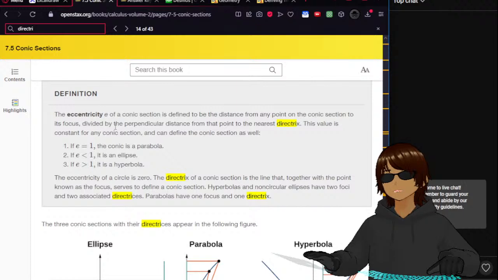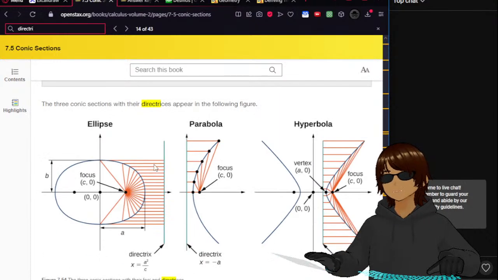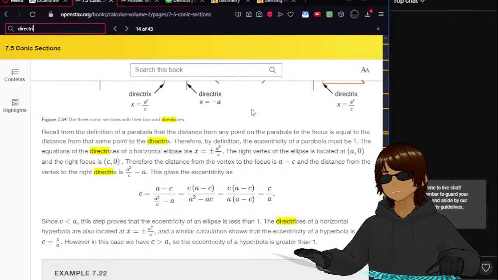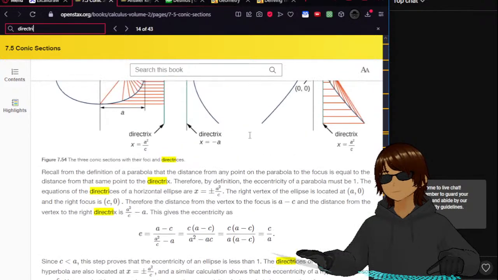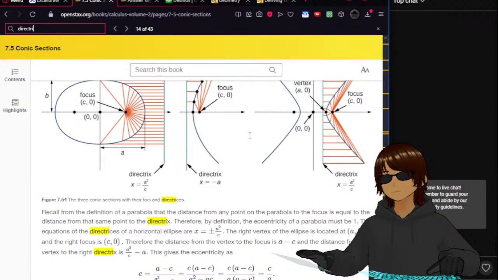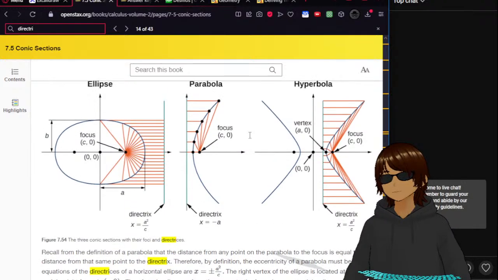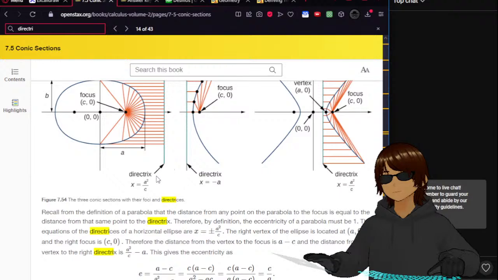But I don't get the definition of a directrix when it comes to an ellipse and a hyperbola. But how do you know?